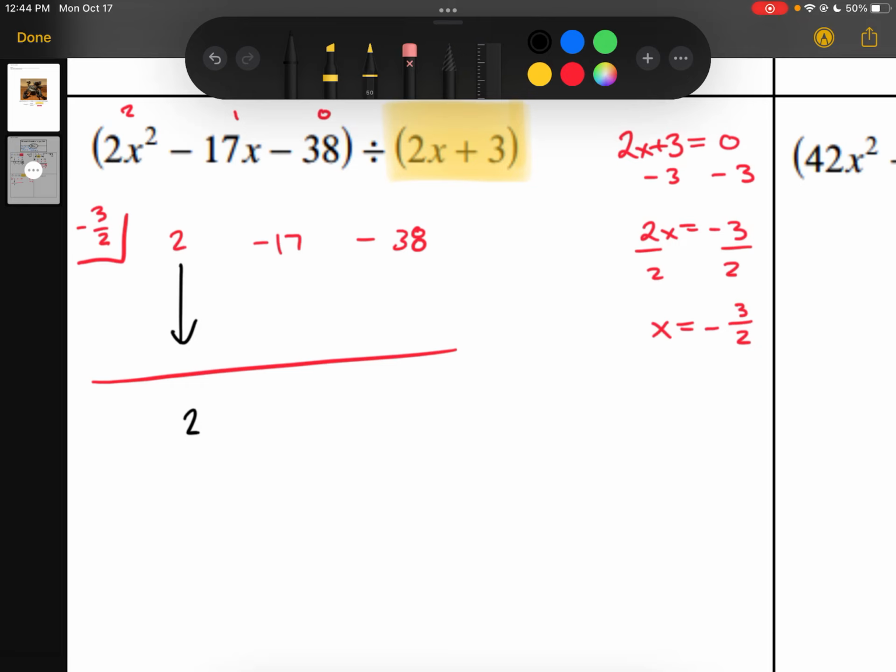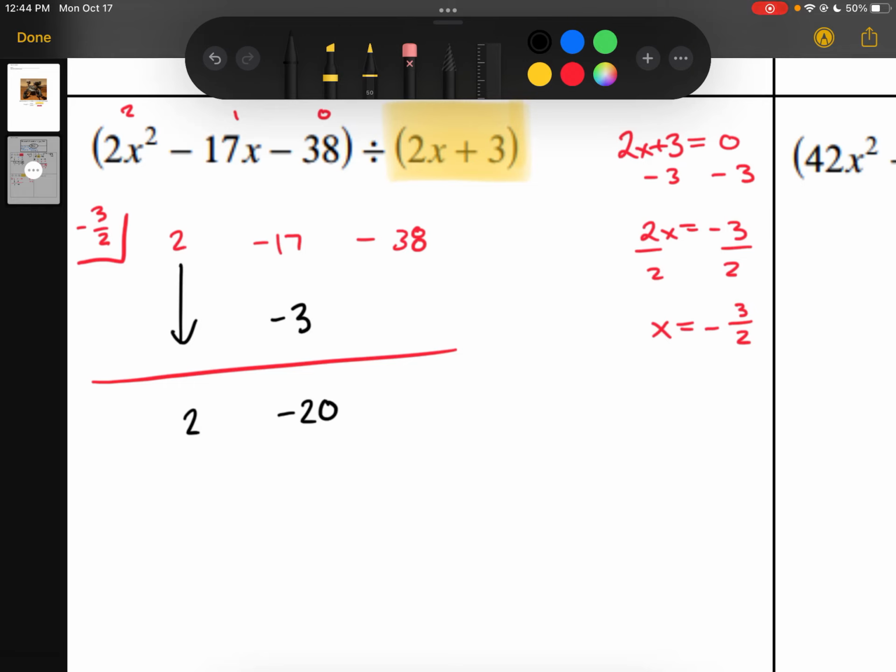So drop our first term and multiply it. When we multiply this here, I think we should get an answer of -3. And then we can combine our terms here, and that should get us -20. And then -20 times our 3/2 here, we can multiply these out.